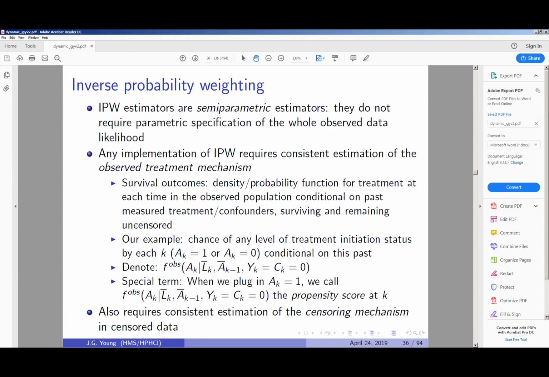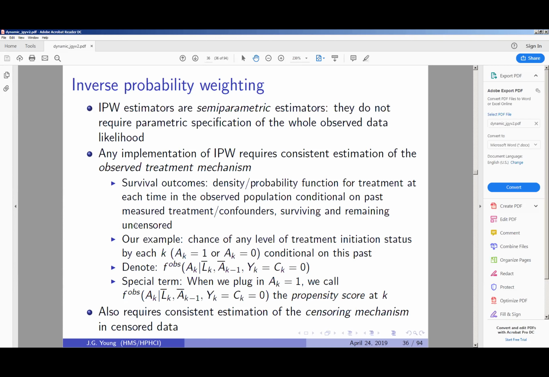So the whole observed data likelihood, if you think back to that slide where I gave notation for HIV causal, where we can think of the whole data as A bar K, L bar K, all the way from K equals 0 to K, all the history of the Y's. So you can imagine there's a joint likelihood that exists on that observed data, and these are semi-parametric estimators because they don't require me to represent that whole likelihood by a set of finite parameters.